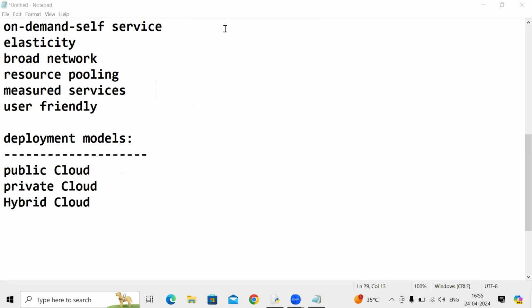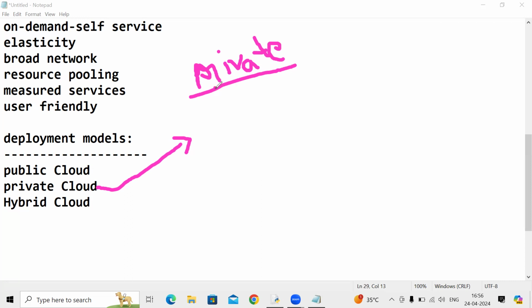And coming to one more cloud we have, that is private cloud. Private cloud, guys. In the name itself, you have to know that it is private. This private cloud belongs to certain people only. It will not belong to a group of people, I mean it will not belong to all people.